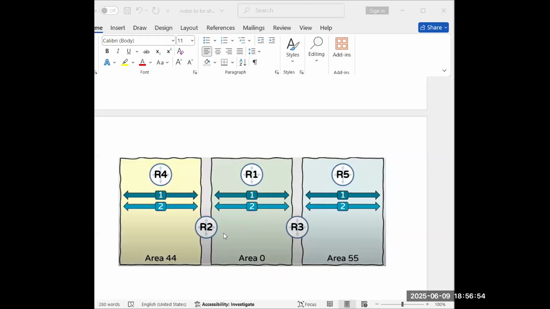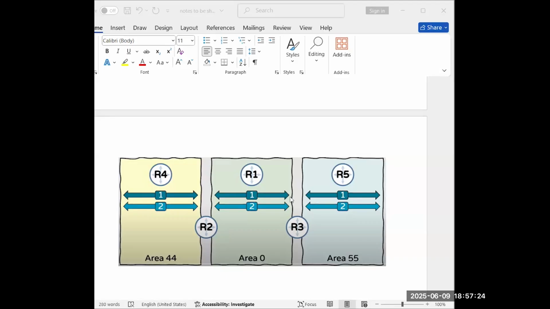So ASBR is going to connect to a different autonomous system, or a different routing domain other than OSPF, like EIGRP or BGP or a static route or a default route. So it's going to connect to a different routing protocol altogether. A different autonomous system means a different routing protocol too. Right.